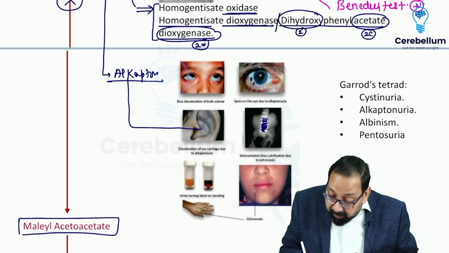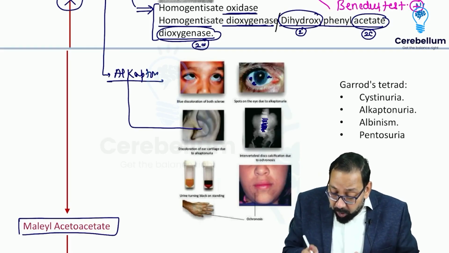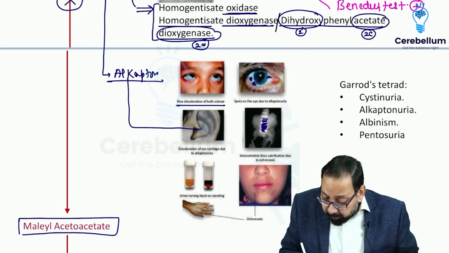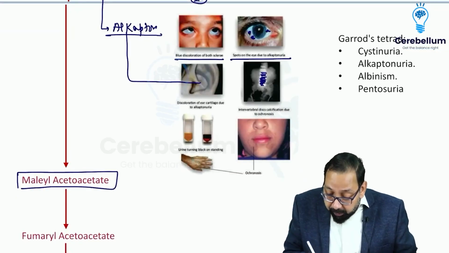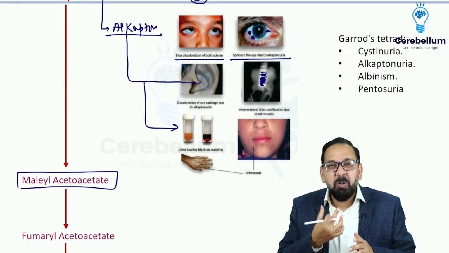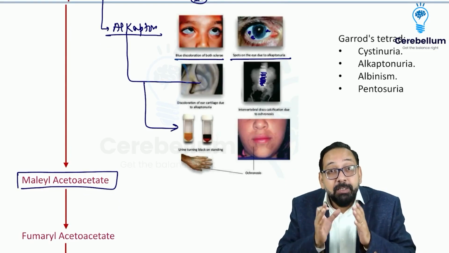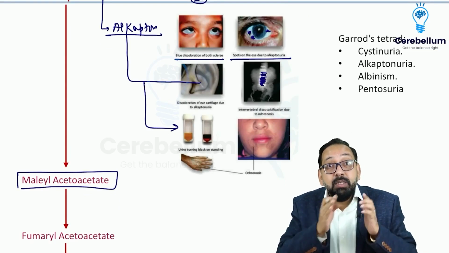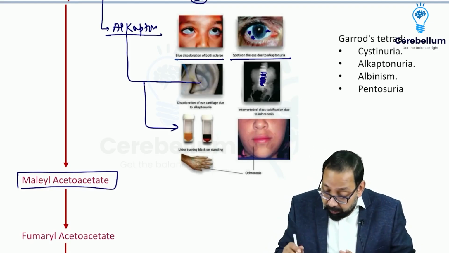It will deposit in the sclera, black pigmentation of sclera, blue discoloration of sclera, spot on the sclera. Urine turns black on standing. It deposits in skin, blackish color of skin, on hands, blackish color. And this is called ochronosis. This deposition leads to blackish color, and this is called ochronosis. What I said?